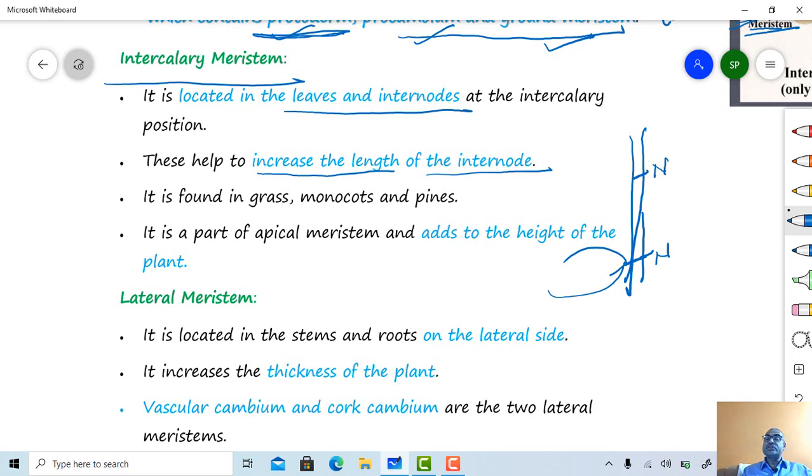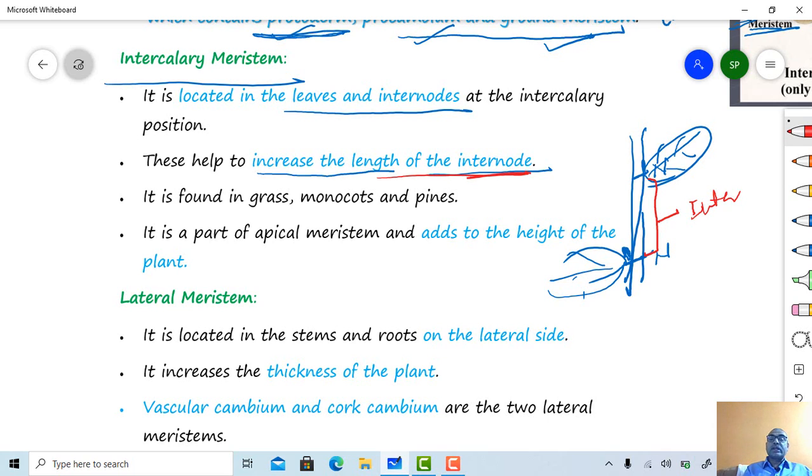From the nodal region, generally leaves are produced. Whatever buds are present here, these are present at the nodal region, and the region between the nodes is called an internode.